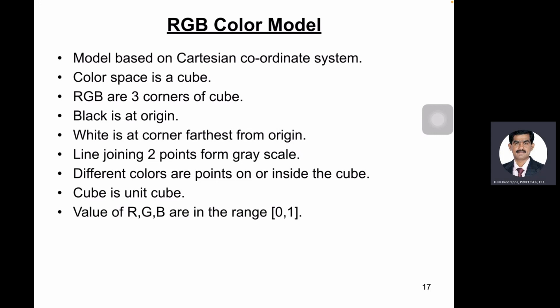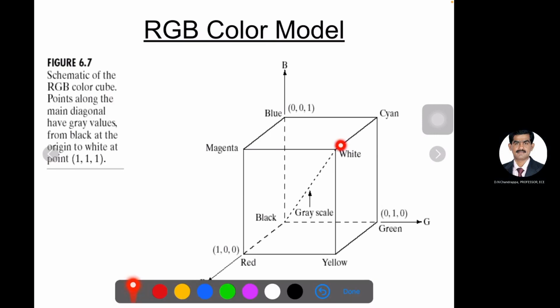Now we look into the RGB color model. We represent green, blue and red. The combination of blue and red becomes magenta. The combination of green and blue becomes cyan. The combination of red and green becomes yellow. And when all coordinates are at a single point, that is black. Then look at white. In between black and white are the gray levels, 0 to 255 gray values.